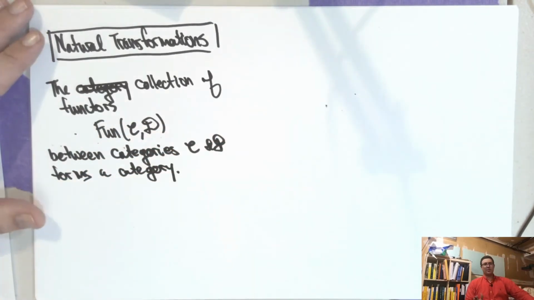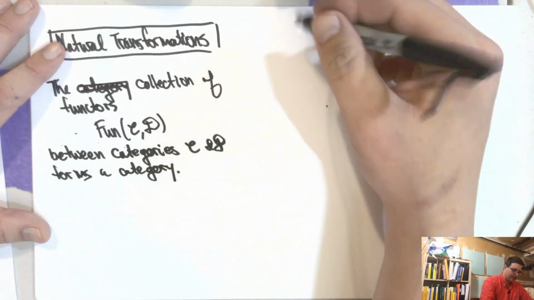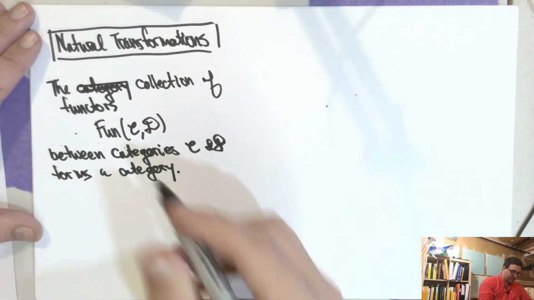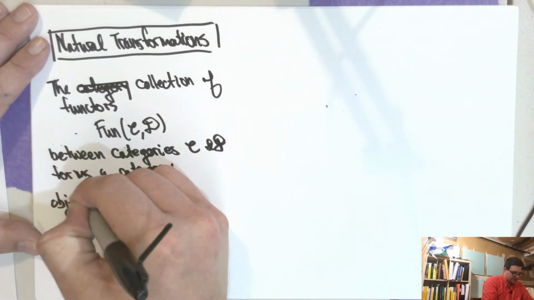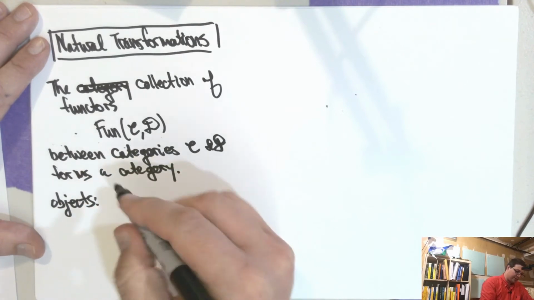So this is the category of functors. The objects are functors.